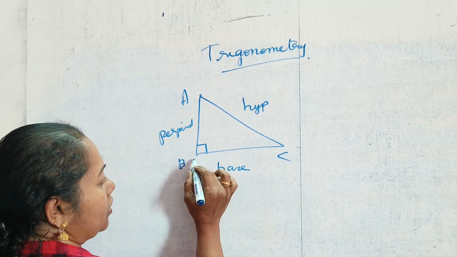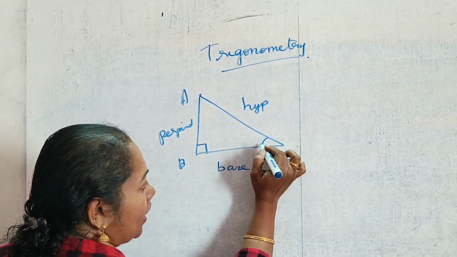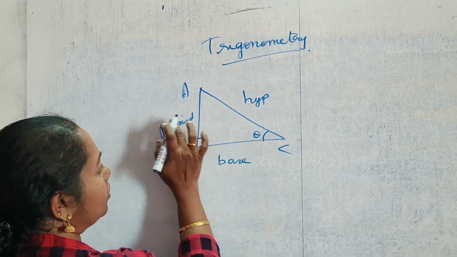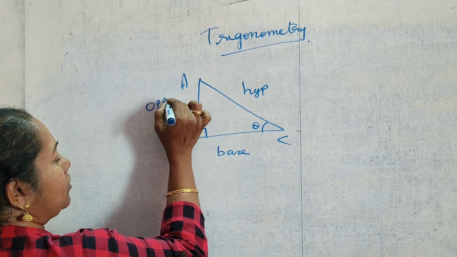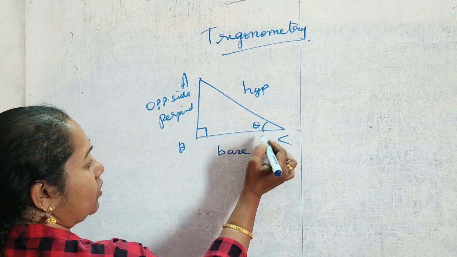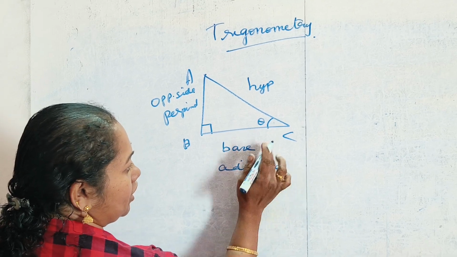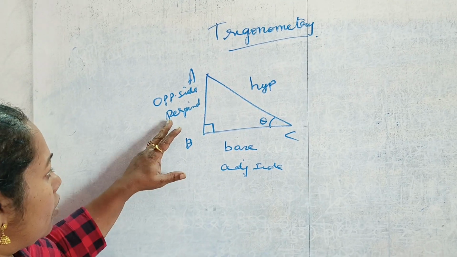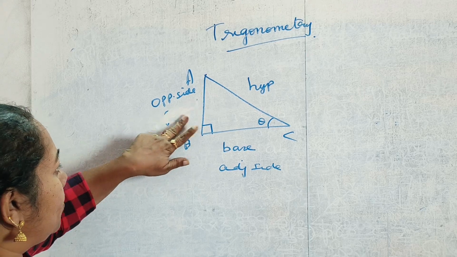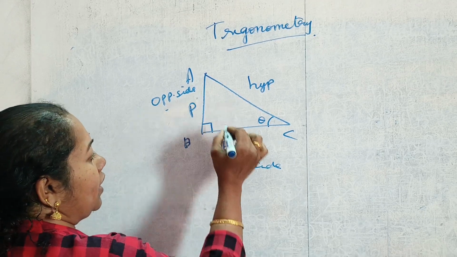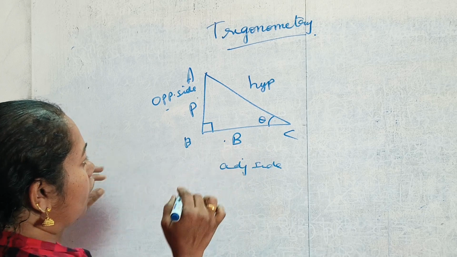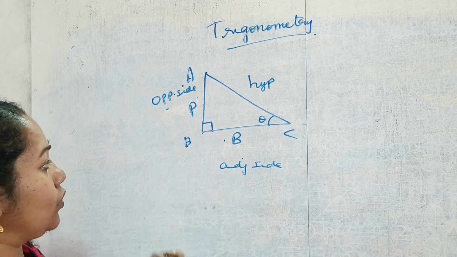If there is an angle theta here, this will be the opposite side, and this will be the adjacent side. Adjacent means nearby side. You can say P by B, or opposite side and adjacent side, whatever you wish.